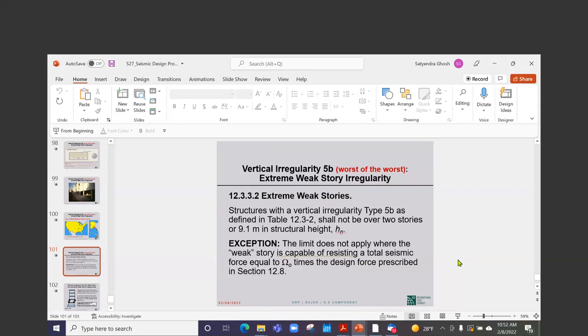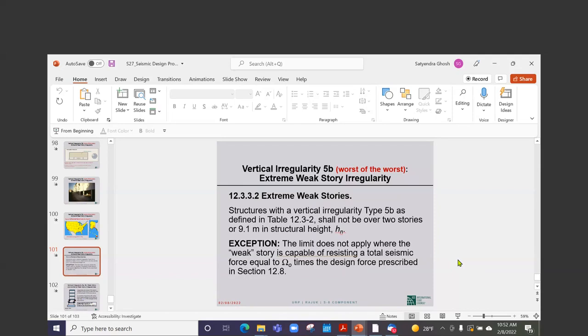So the columns that support the transfer girder, the column to transfer girder connection, and let us say the columns are ground story columns, the column to foundation connection.